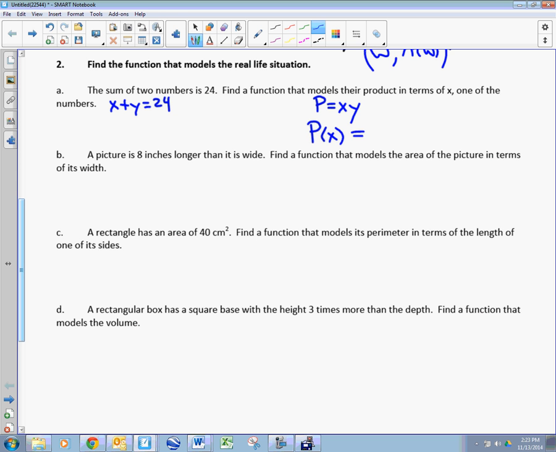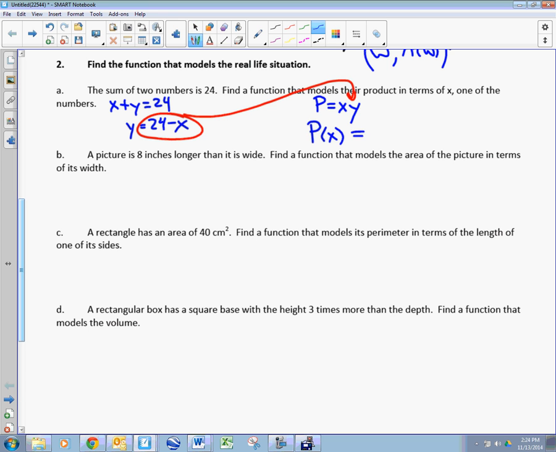So what can I do? This needs to be what I use to come up with this. I've got to now change this one somehow. Solve for y? Yeah, so y equals 24 minus x. Put that in right there.